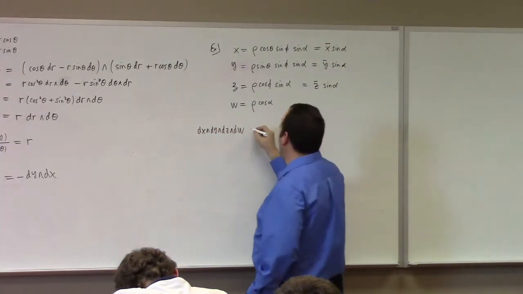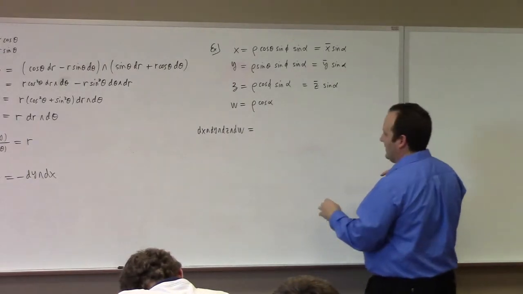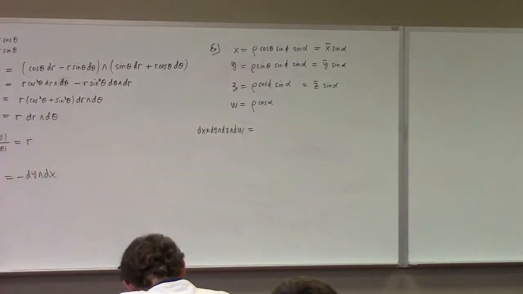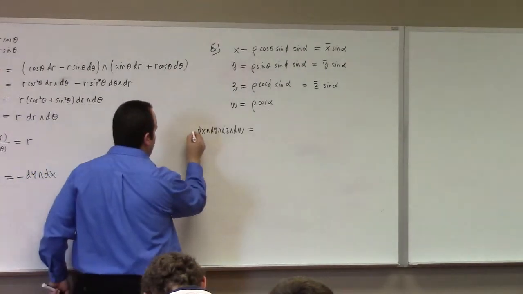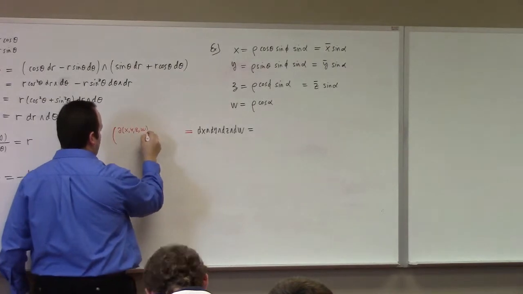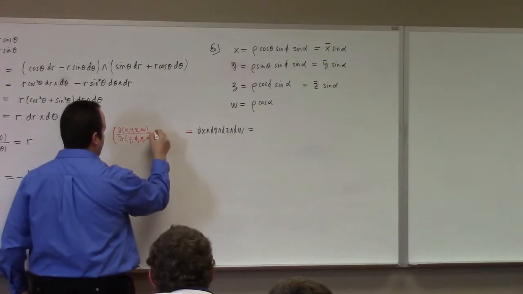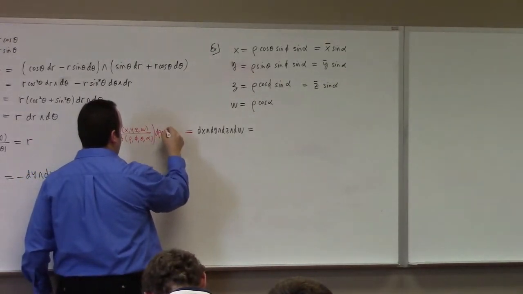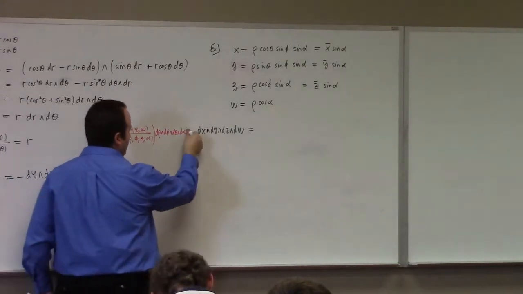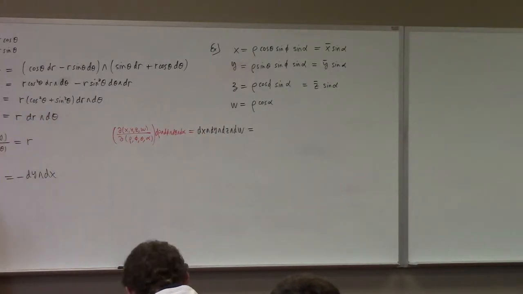If you'll allow me this manga-style comment, we know that this is going to work out to, if you believe the math here, partial of (x, y, z, w) with respect to (rho, phi, theta, alpha), d rho wedge d phi wedge d theta wedge d alpha. So I'm just looking for that coefficient. The coefficient is the Jacobian. That's the thing that's a pain in this problem to calculate, right?